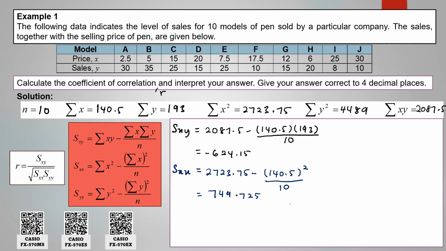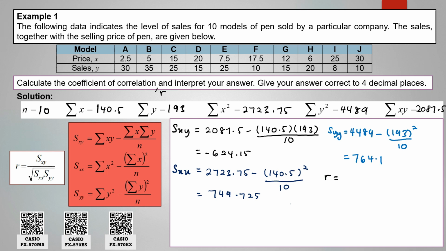The next one is your Syy. Syy is equal to summation y squared, 4489 minus 193 squared divided by 10. Press your calculator and you will get the answer. Syy is 764.1.